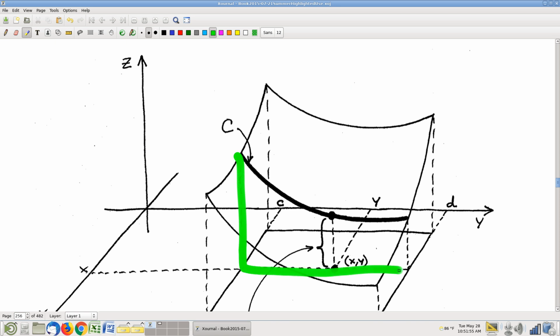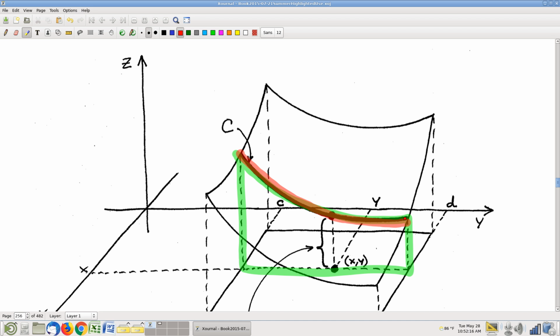Here it is again. Here's the big point, the key idea. That cross-sectional area is the area under a curve, right? There's a curve, and we're looking for the area under it.